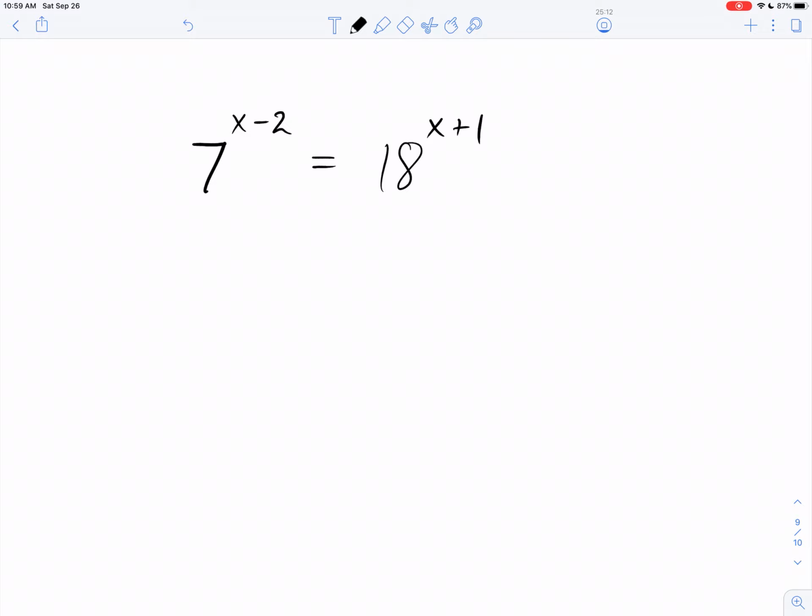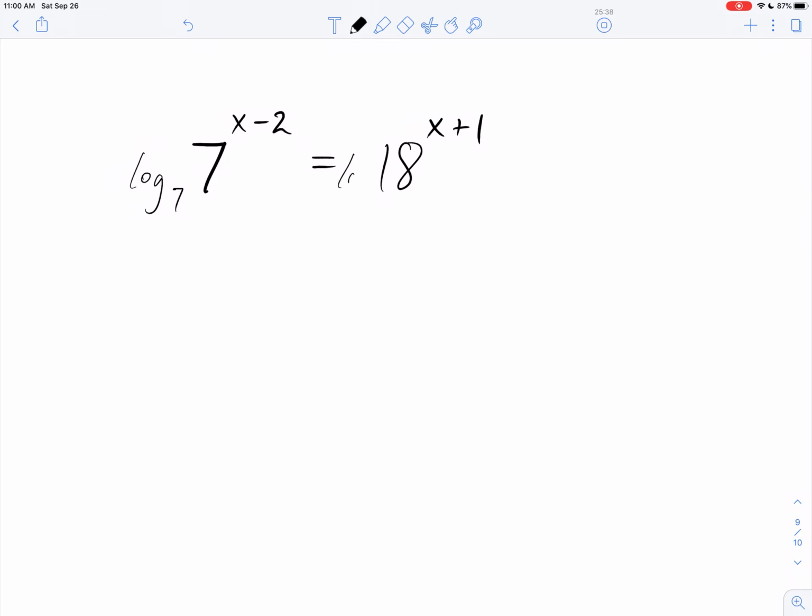I know, this one looks horrible, because now you have to guess a number that would go in on both sides to make this a true statement, and what I'm hoping you notice is the bases do not match. So there's a couple different ways to play this, but I want to play it the easiest way. Here is not the easiest way.